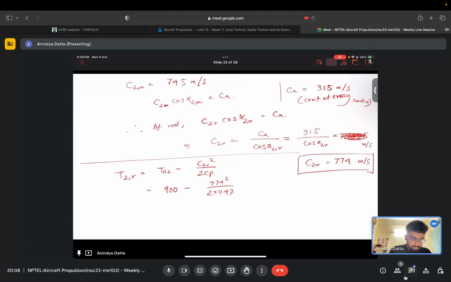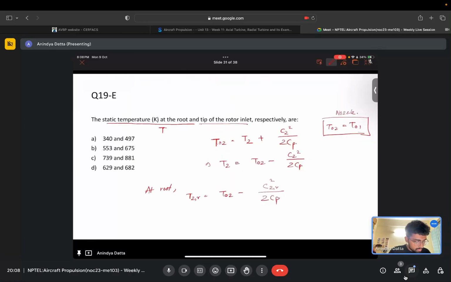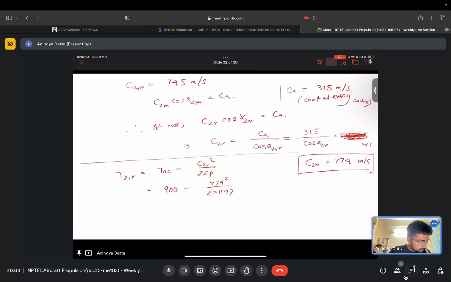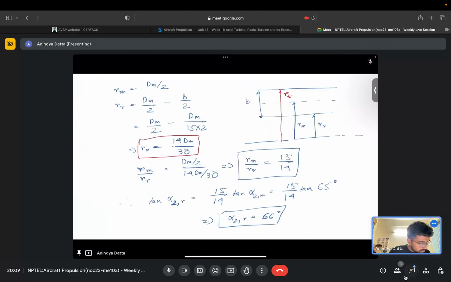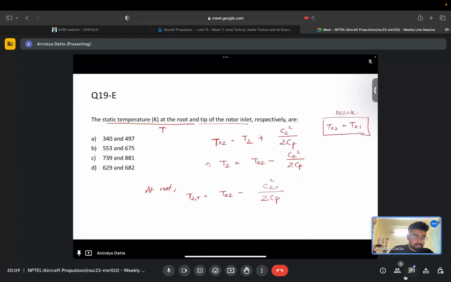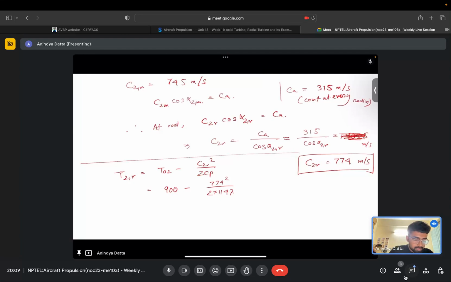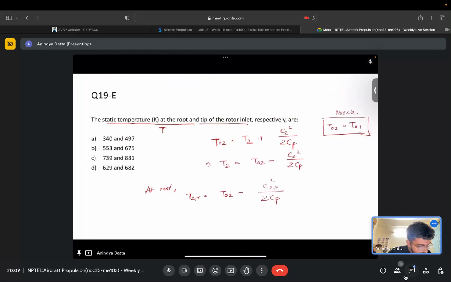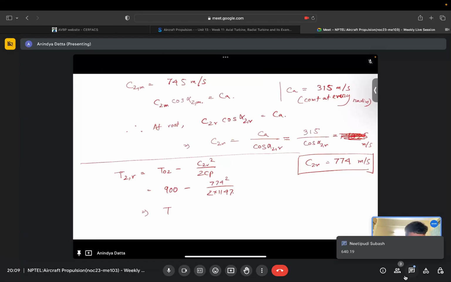Square divided by 2 divided by 1147. Just a second, I'm getting 640.